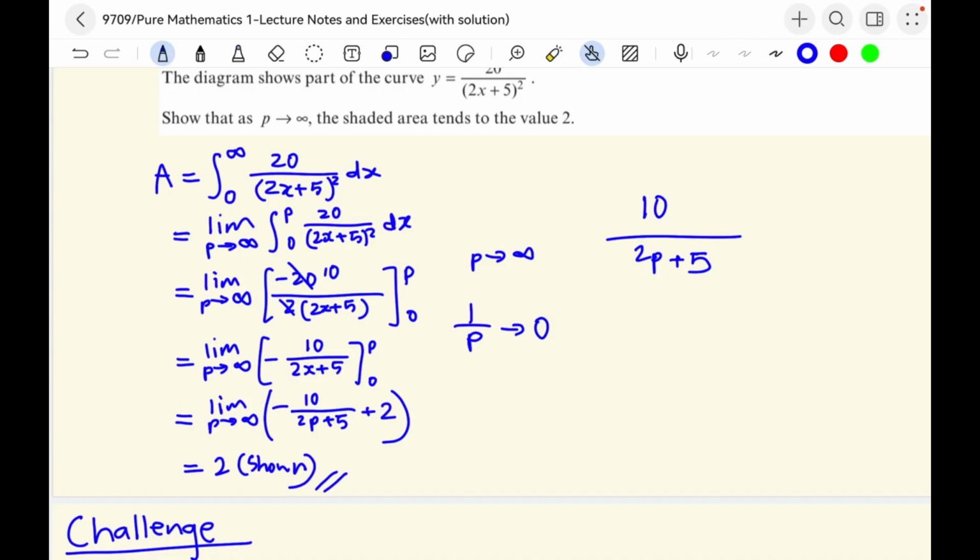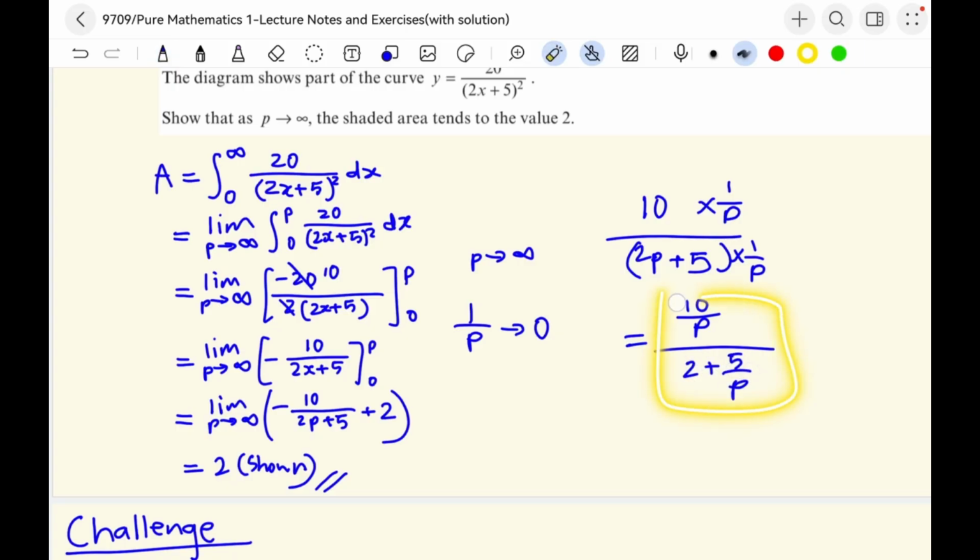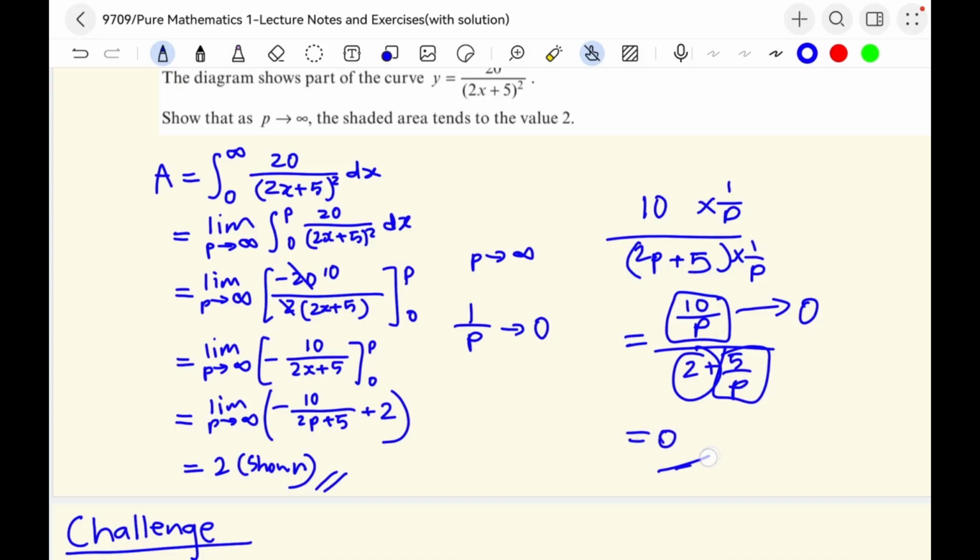So times 1 over p on both sides, you will get 10 over p, and this you will get 2. So that this expression will be defined. So now it's time for us to substitute 1 over p is 0 for this one and this one. Despite this being 0, the denominator isn't 0 because there's a 2 over there. So this number is defined. No worries about that.